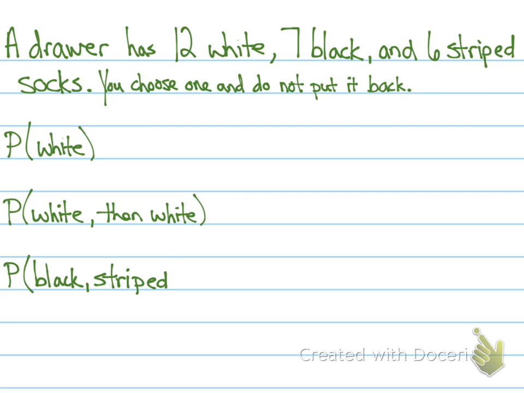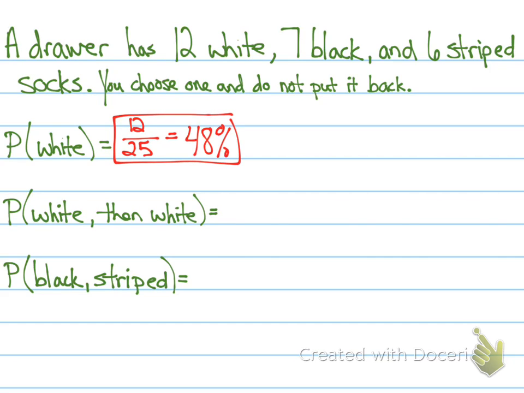What would the probability be for selecting a white sock? 12 over 25, which is about 48%. Either one is fine.